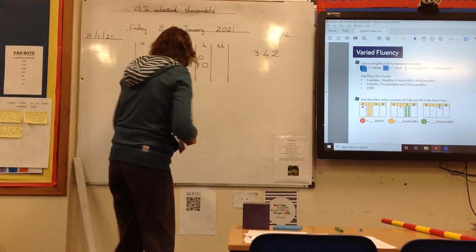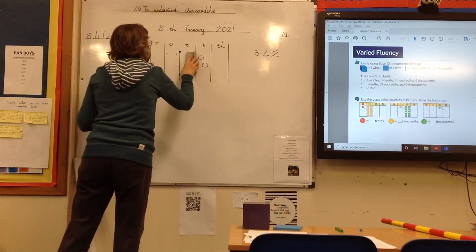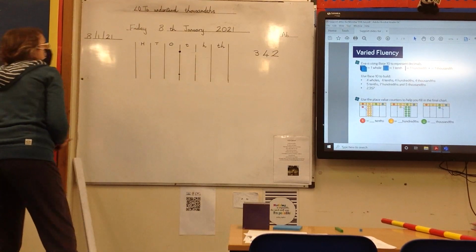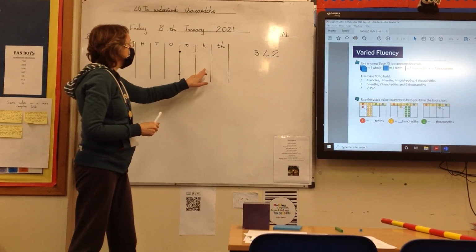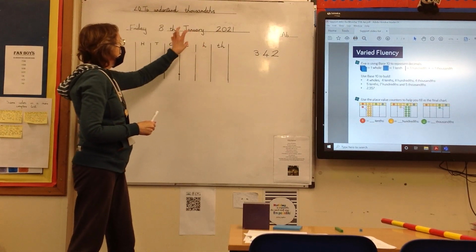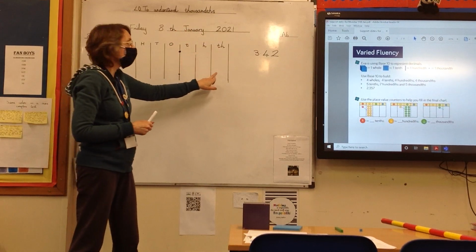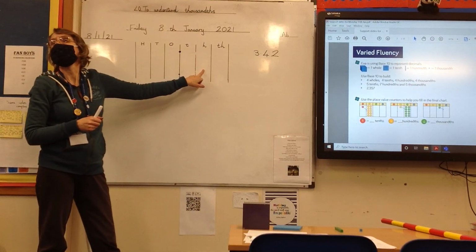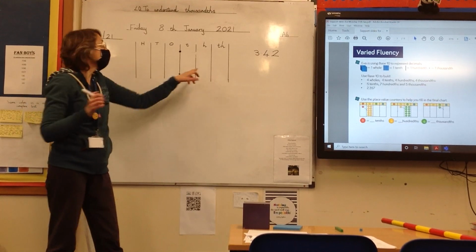Okay. So if I looked at the hundredths column, how many would I need to have in there before I move into the tenths column? How many would I need in there to make it full? You need 10. I need 10, yeah.